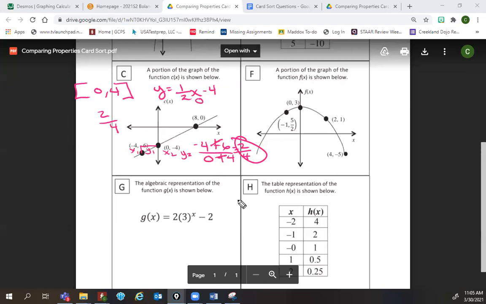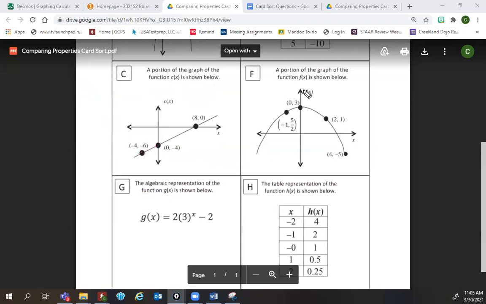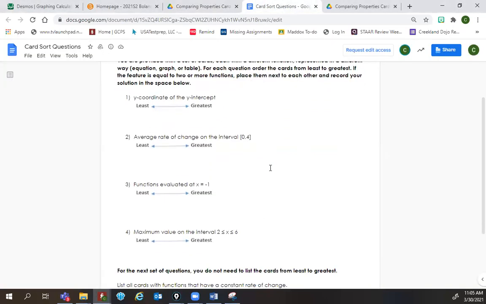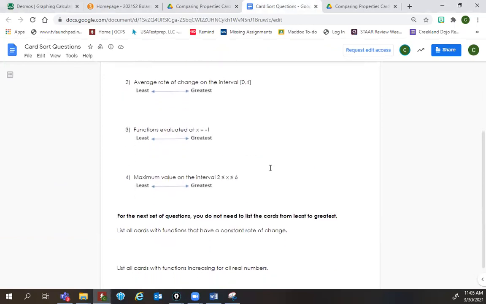Okay, so going back to your questions from yesterday, I'm going to show you the questions I don't want you to work on. I don't want you to do number 4, and I don't want you to do the last one. I don't even want you to attempt it because the questions are bad, and it will end up making you remember not what I want you to remember about quadratics.